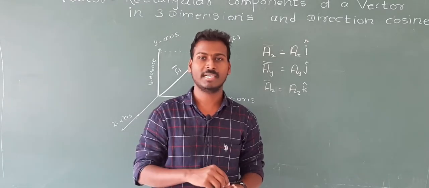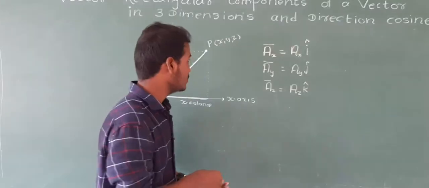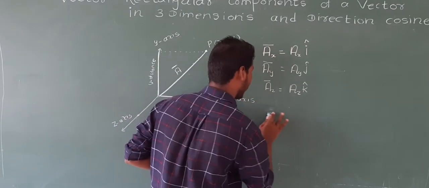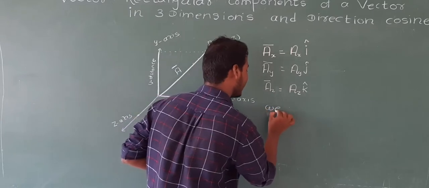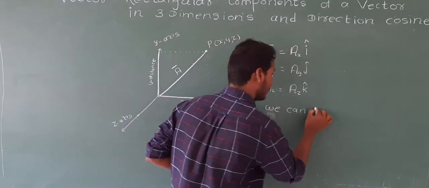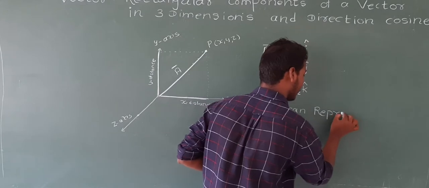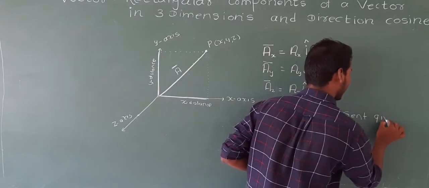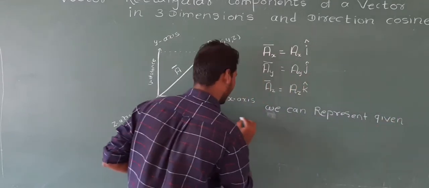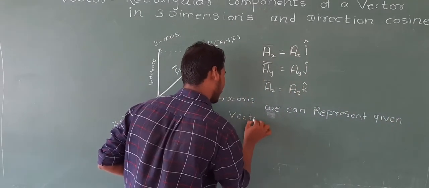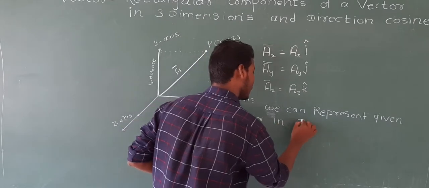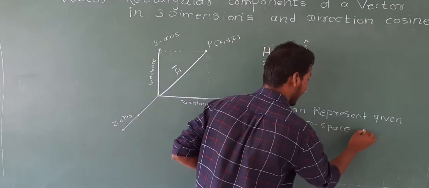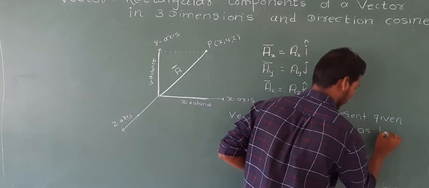So how to represent such a vector now? The simple method is to take that vector A bar, and we can represent the given vector in 3D space as below.